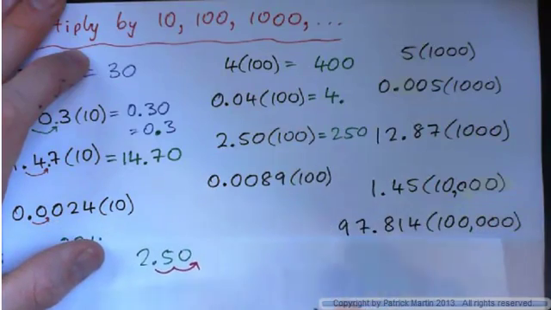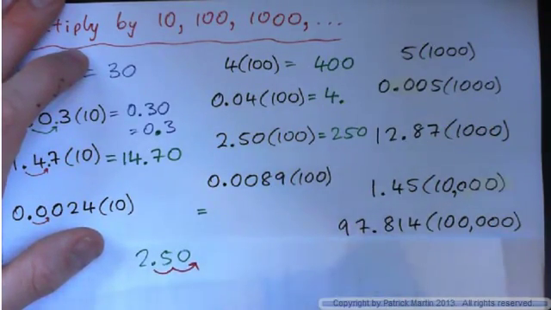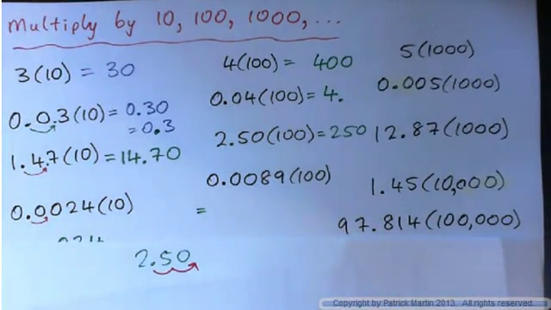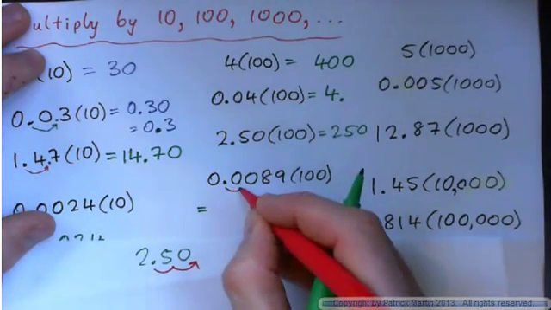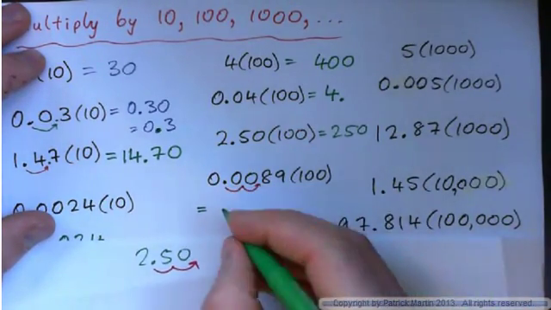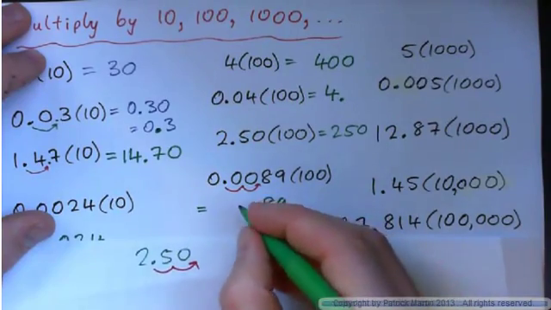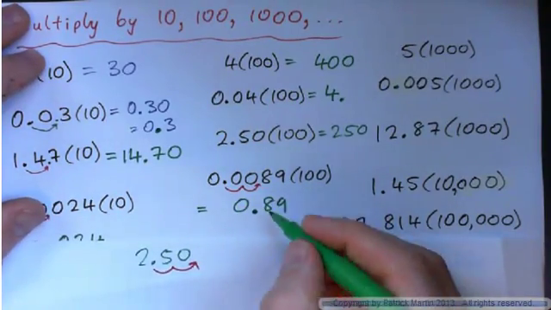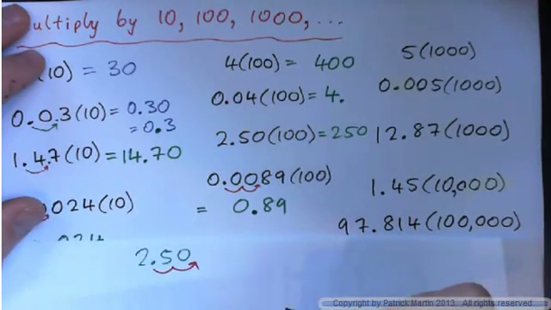How about this guy? Can you write down the answer? 0.0089 times 100. If you times it by 100, it's going to get bigger. How much bigger? Move the decimal point 2 spaces to the right, and you get 0.89. So this number is 100 times bigger than this number, basically, right?